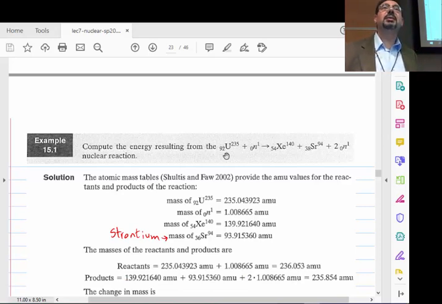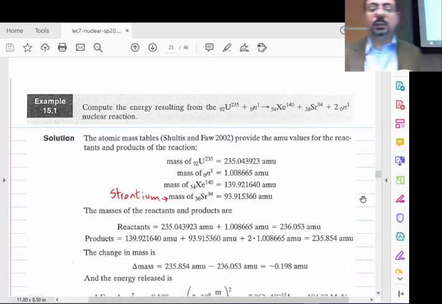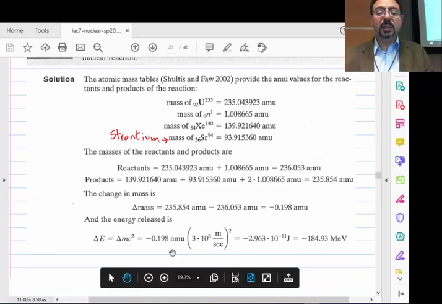The molecular weight of the U-235, right? Yes, that's constant. So the question is, what is that number?